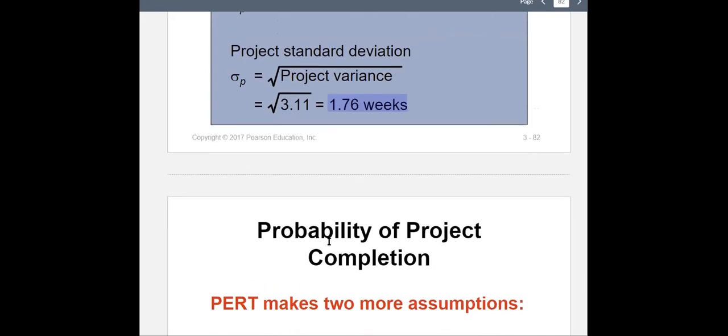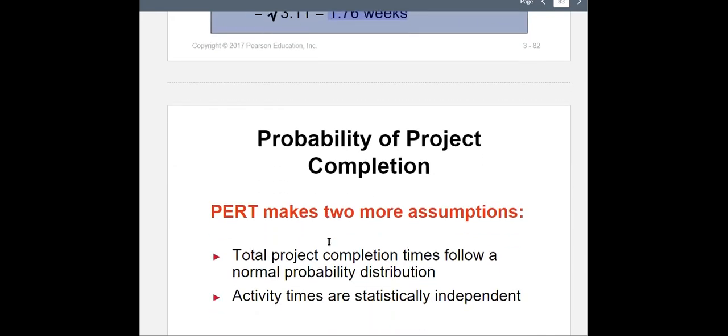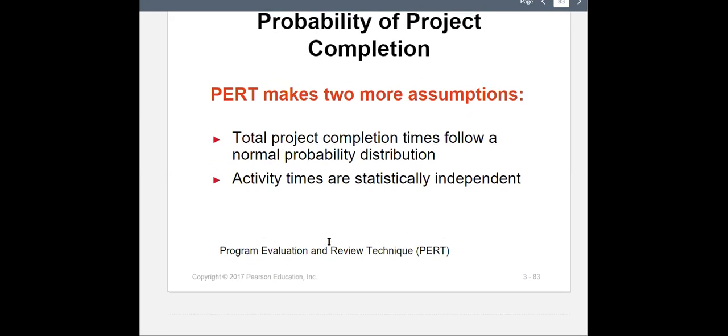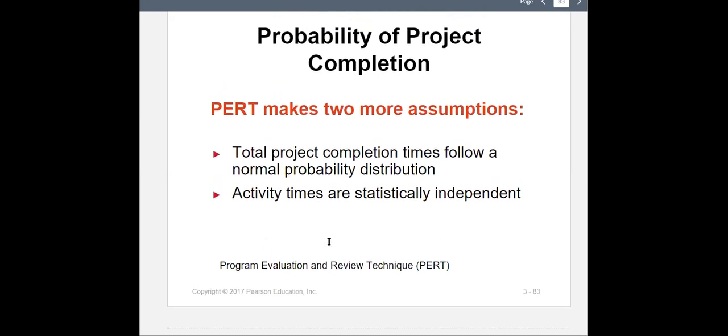So let's see what kind of question we're going to face. Here it says that PERT makes 2 more assumptions. So we can use that method if we have a normal distribution. Total project completion times follow a normal distribution. We're using this because we want to use the z distribution to calculate the z value and calculate the probabilities.